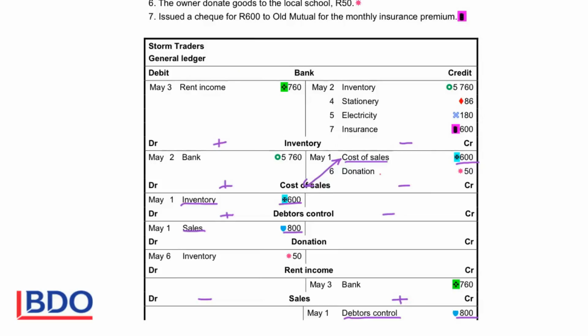We purchase inventory. So inventory is an asset that increases on the debit side with the actual price that we paid. Bank is an asset that increases on the debit side and decreases on the credit side. So the bank will be credited to indicate that there's less money in the bank because we paid out money.